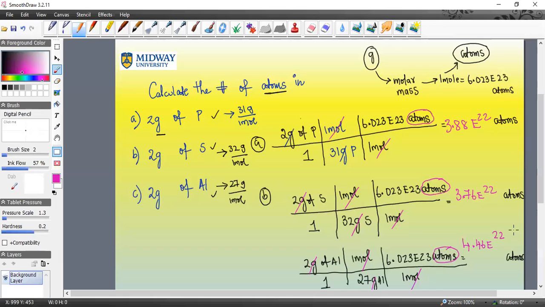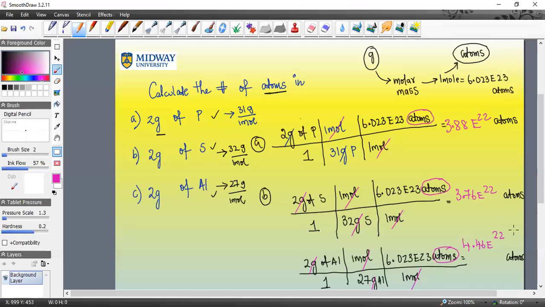That's a lot of atoms, right? 2 grams of sulfur would contain 3.76 e to the 22 atoms. 2 grams of aluminum would contain 4.46 e to the 22 atoms, which proves why the atomic mass of each element is different, because to have 31 grams, you need a lot more atoms.